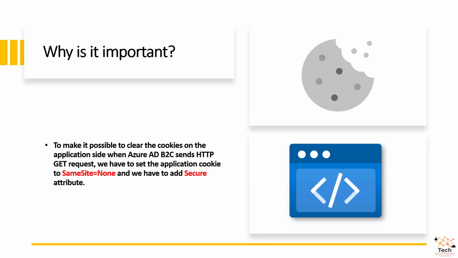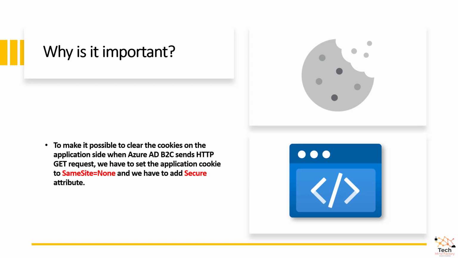Okay, why is it important? Why am I talking about it here when we talk about single sign-out with Azure AD B2C? To make it possible to clear the cookies on the application side when Azure AD B2C sends an HTTP GET request, we have to set the application cookie to same site none, and we have to add the secure attribute.